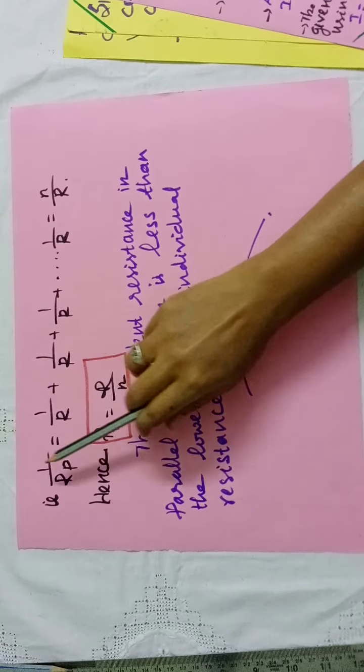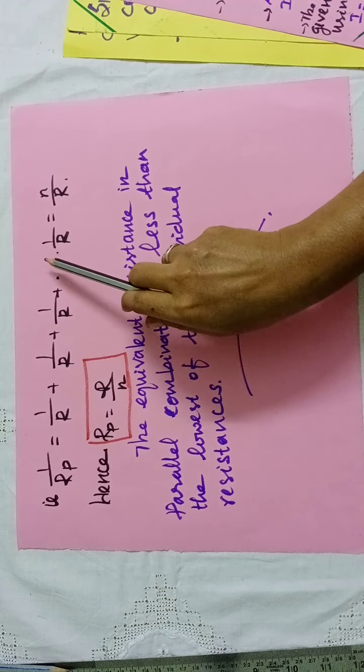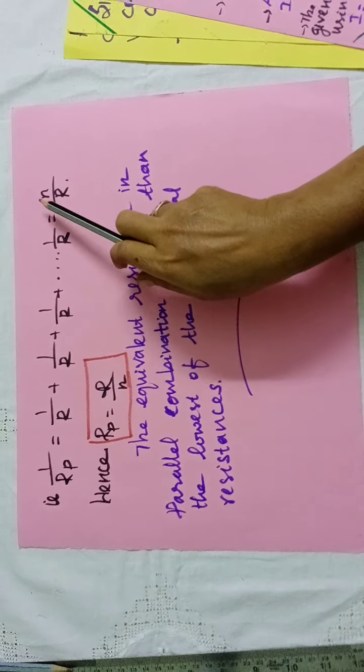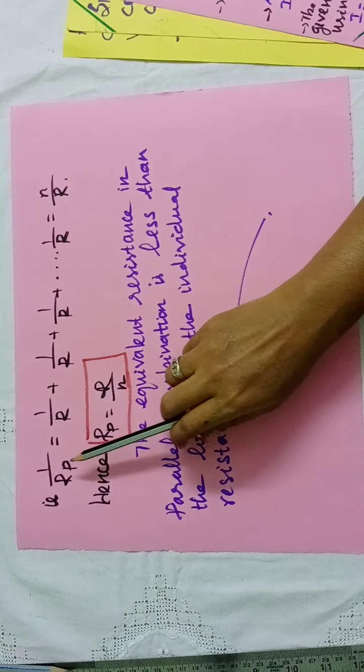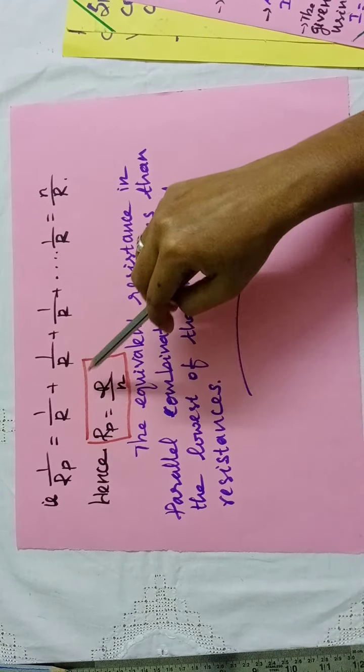That is, 1 by Rp is equal to 1 by R plus 1 by R plus 1 by R and so on, which is n by R. Hence 1 by Rp is equal to n by R, hence Rp is equal to R by n.